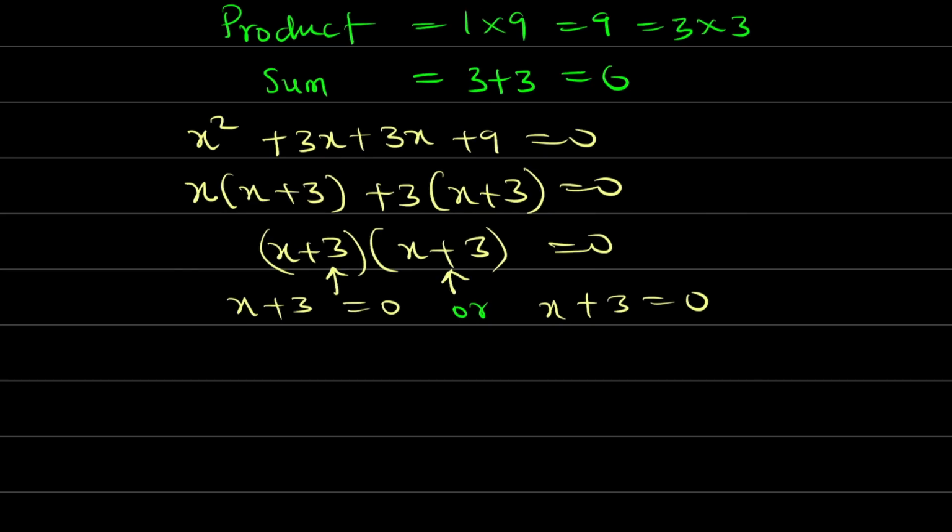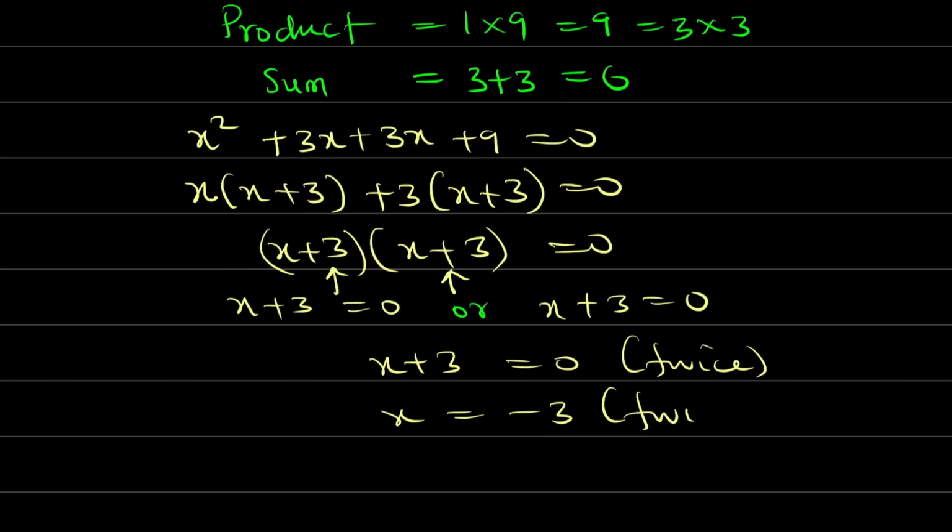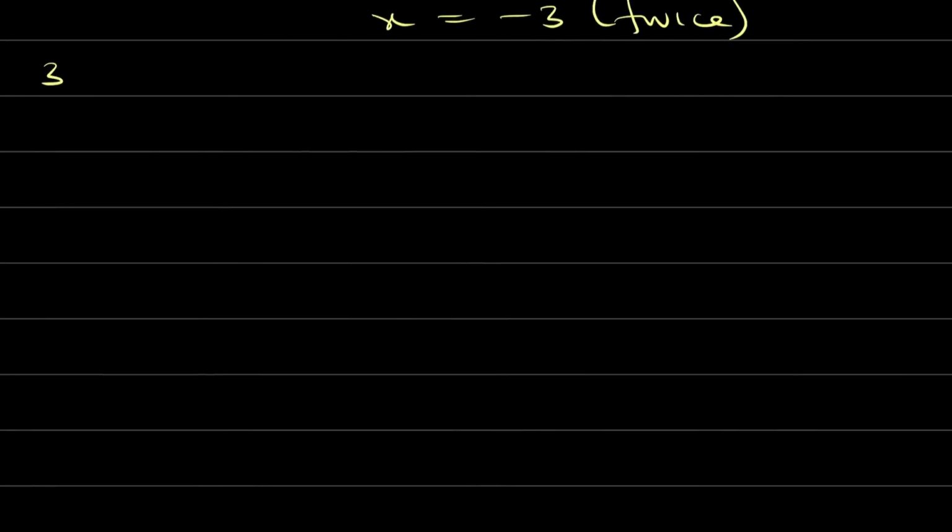Because the two terms in the bracket are exactly the same, it means that we can use just one of them to say x plus 3 is equal to 0 twice, which will imply that x is equal to negative 3 twice. That is the end of the second question in this 100 unique exam series. Let us move on to question number 3.